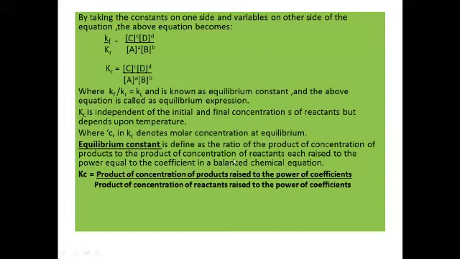Then it will give us accurate information. So, we can also write it in words in this form: Kc, or the equilibrium constant, is equal to the product of concentrations of products raised to the power of their coefficients, over the product of concentrations of reactants raised to the power of their coefficients.